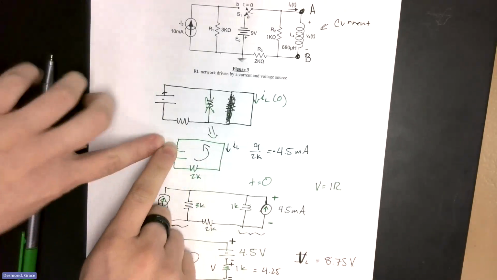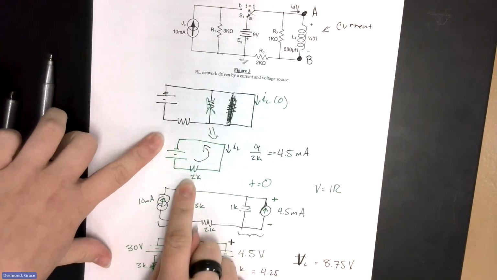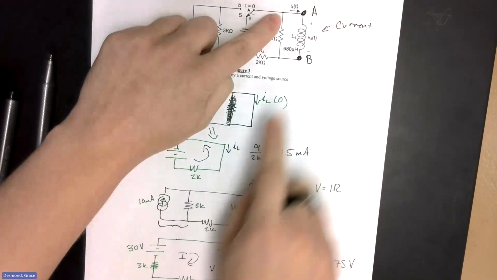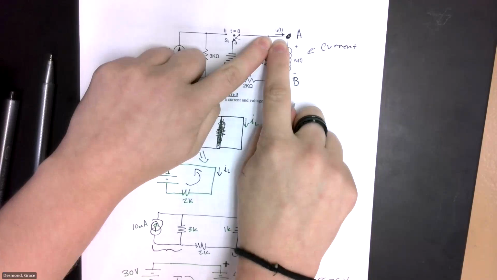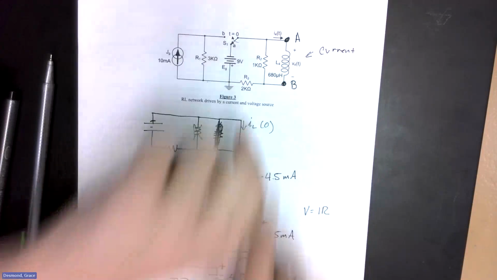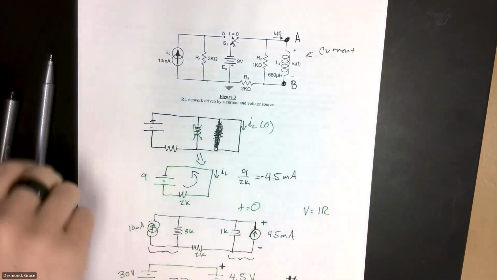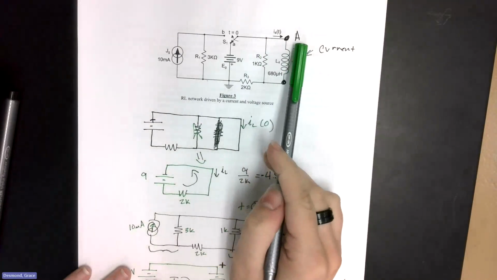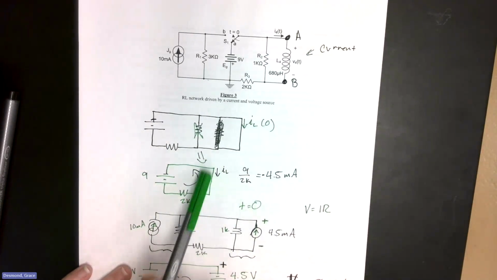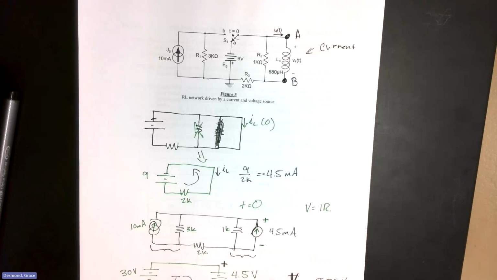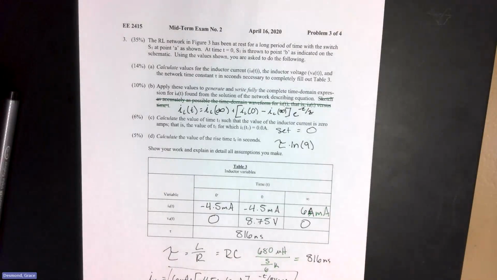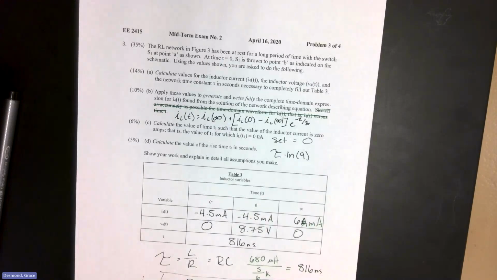It's going to be pushing the current around this way, but this current is defined in this direction from the circuit. Because these are opposite directions, it's negative. And because it switches from negative to positive, that's how you have the one whenever it's at 0. If it didn't switch from negative to positive, it would never equal.